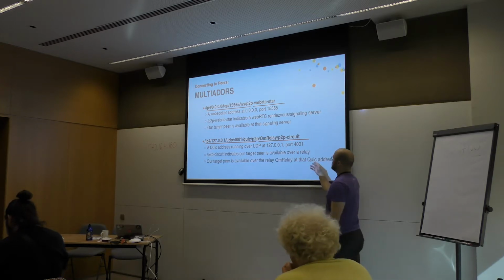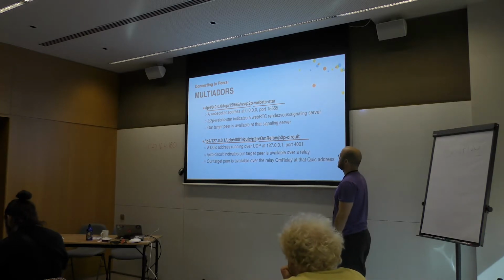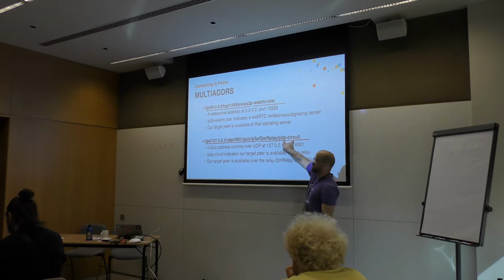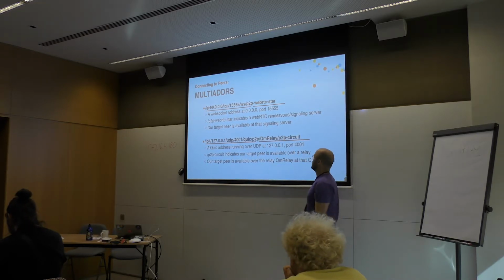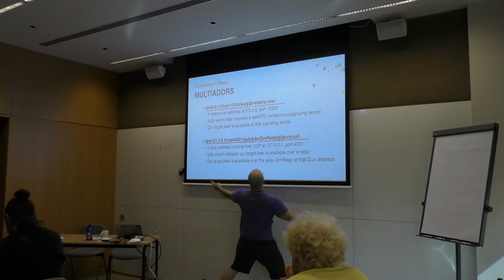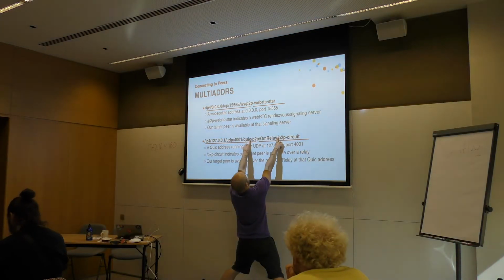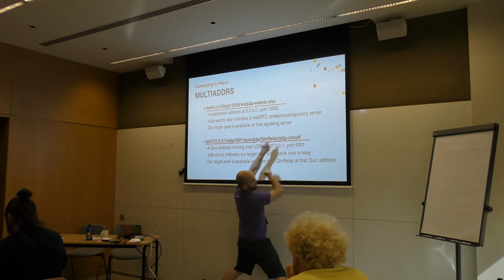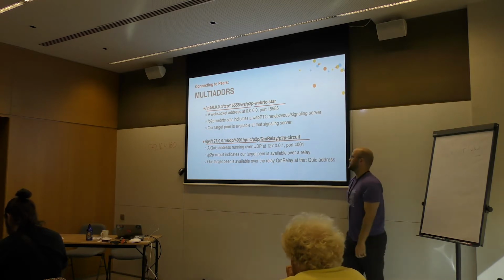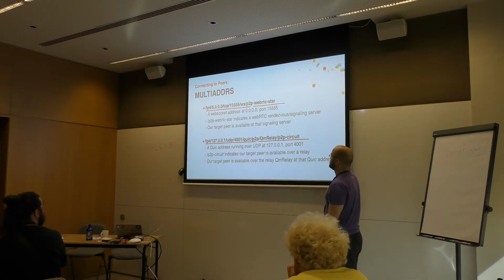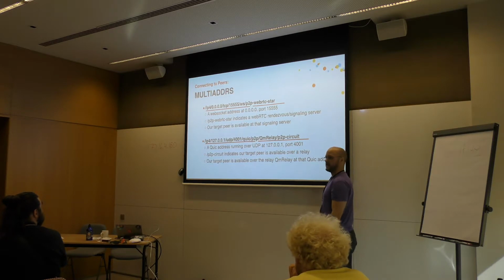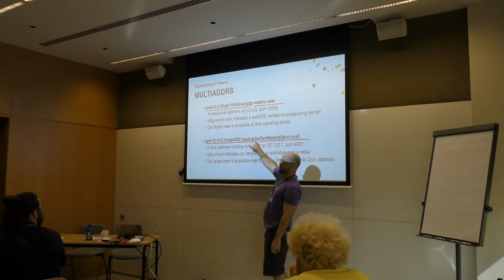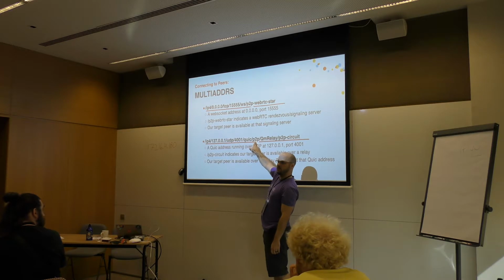The next one, a bit more complicated, is a circuit address. So this means we're running over a relay, a circuit relay. The ID of that relay is P2P, QM relay. So this is an abbreviated version of your QM IDs. If you look at multi-addresses in the wild now, P2P will probably be IPFS. The goal is to move to P2P.